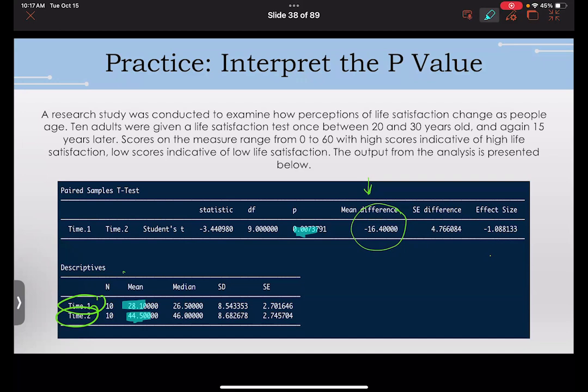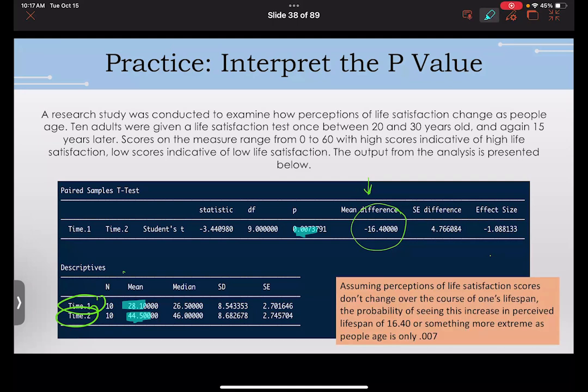We can say the probability of life satisfaction going up by 16.4 as our participants got older. So don't forget, you're interpreting the P as in you're actually telling people what happened in your study. That's the result, not just the number.